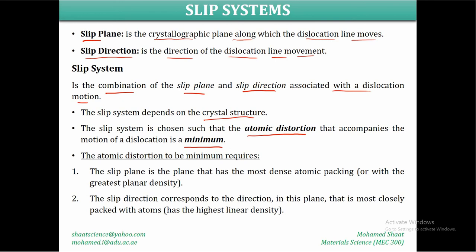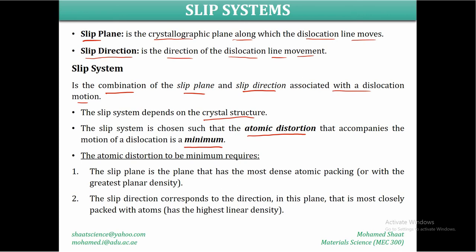And to minimize the atomic distortion, it will allow the dislocation to take place over a specific plane and following a specific direction, known as the slip system. So the slip system is chosen such that the atomic distortion that comes with the dislocation motion is minimum.